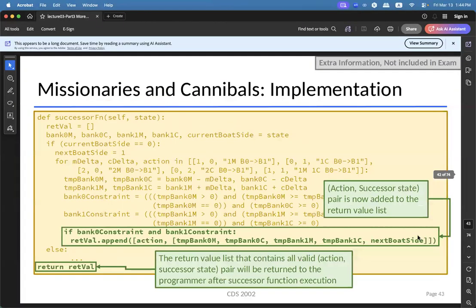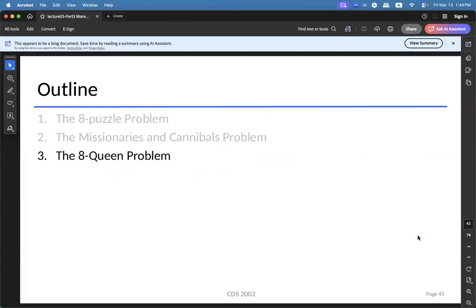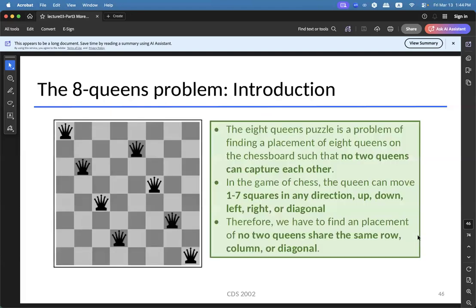In one to two lectures before, we talked about the queens problem. In the queens problem, you have a chessboard and you need to place different queen chess pieces so that they do not kill each other.